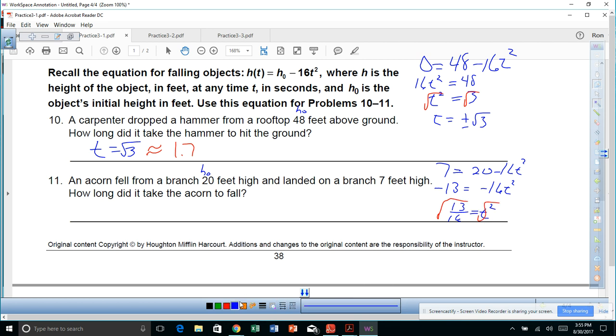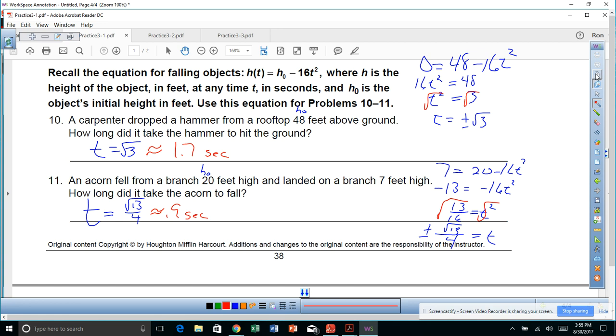And I get t equals plus or minus the square root of 13 over the square root of 16, and the square root of 16 is 4. So there's my solution: t equals the square root of 13 over 4. It can't be negative because we're talking about an amount of time. The square root of 13 divided by 4, if you put that in the calculator, is approximately 0.9 seconds.